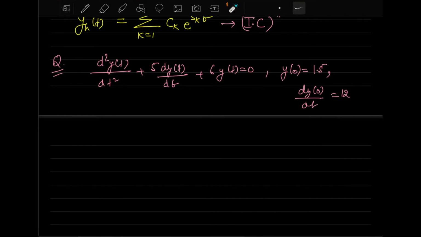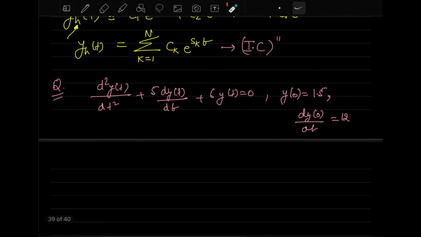The second is that we have these initial conditions which are given: at time t equal to 0, the value of y(0) is 1.5 and the derivative of that is equal to 12. These two are the initial conditions, and they are given, as I told you, to get the coefficients which are given over here. Somewhere or the other, these initial conditions will help us get to this solution. And recall that what we were discussing last time was to replace all the d by d's here.